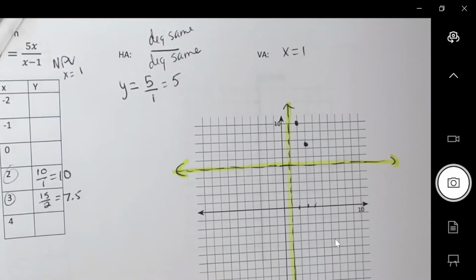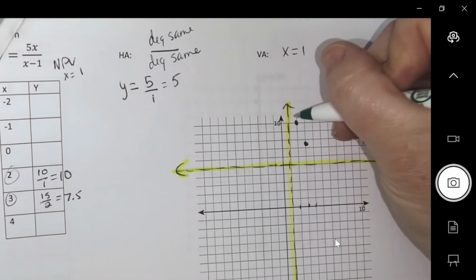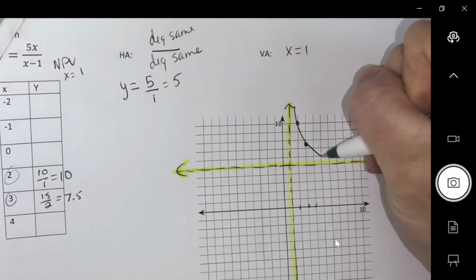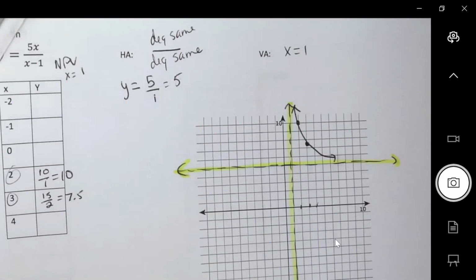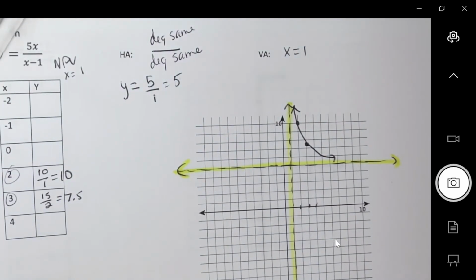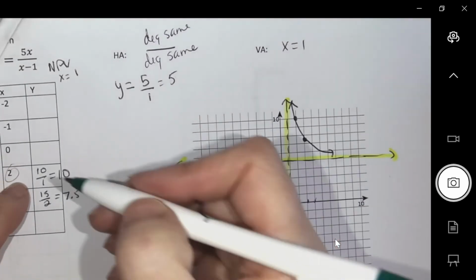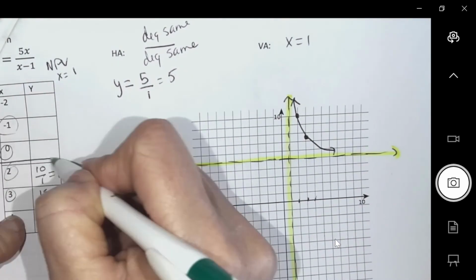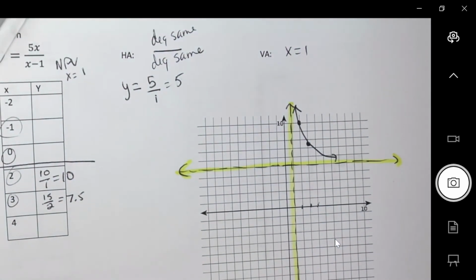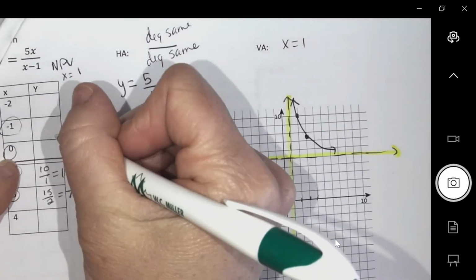Do you have enough understanding to know what it's going to look like? You can do another point if you want, but I can tell how it's going to shape because of my asymptotes. Okay, I'm going to go with a 0 and a -1 because now I'm going to the other side of the asymptote. So 0 plugged in makes 0.